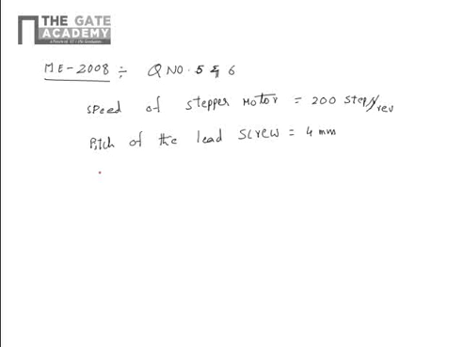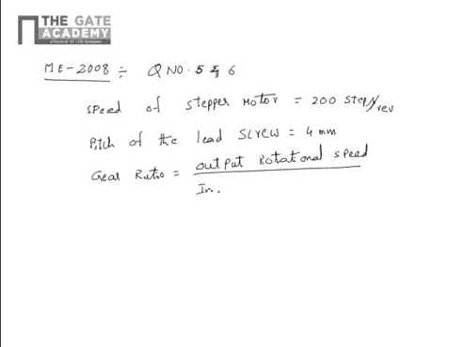The gear ratio formula he has also given: gear ratio equals output rotational speed by input rotational speed.